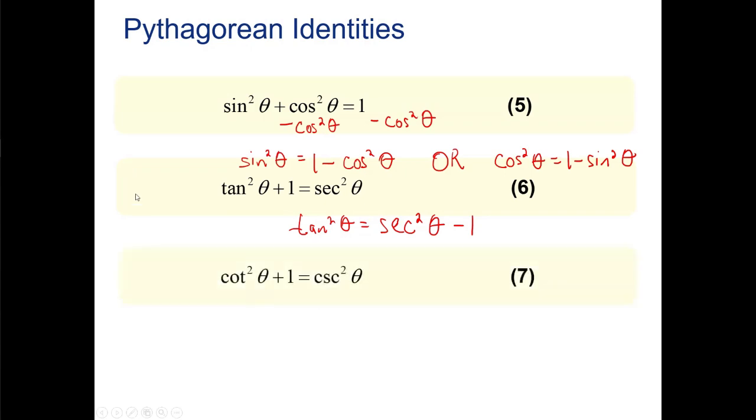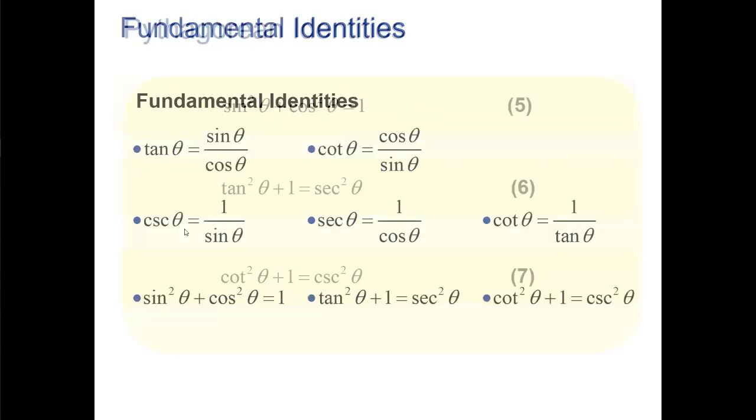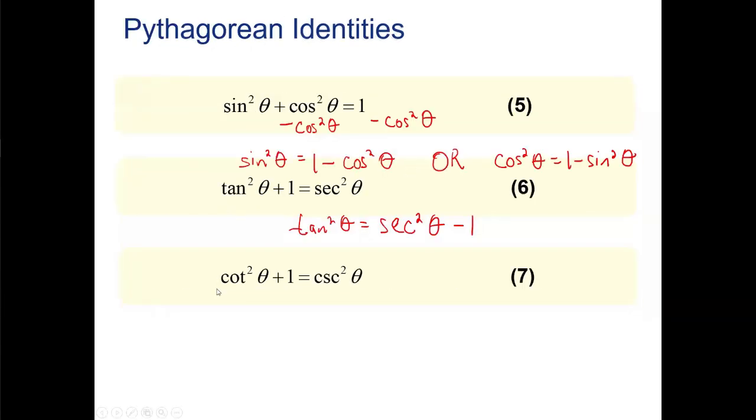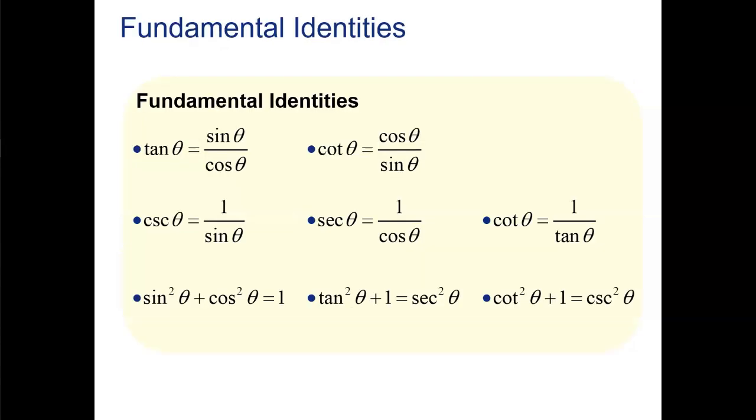Here's the next one. Cotangent squared theta plus 1 equals cosecant squared theta. Okay, so these were the fundamental identities that we talked about last time. And now we add in these Pythagorean identities, and it's going to fill out what we call the fundamental identities that we can refer to.